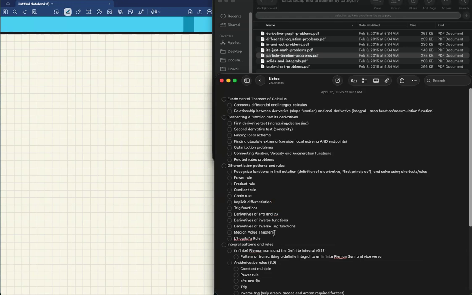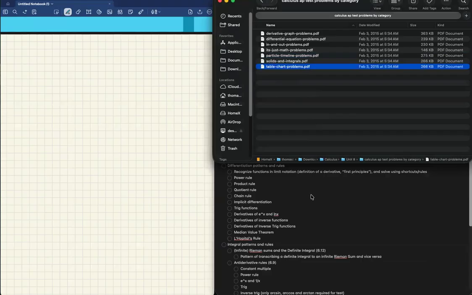And then, in a not very tightly related way, I added the mean value theorem here because it's important, usually in problems that follow the table chart problems pattern. Table chart problems, that's just to summarize into a group all the problems that give you a function in the format of a table of values. Usually when you see a table chart problem, there will be an average rate of change asked.